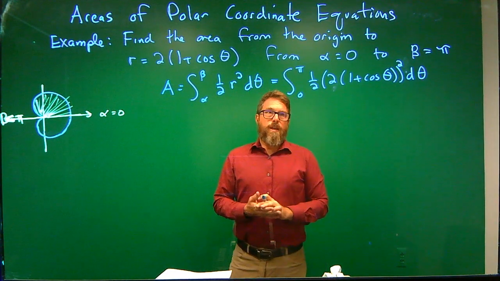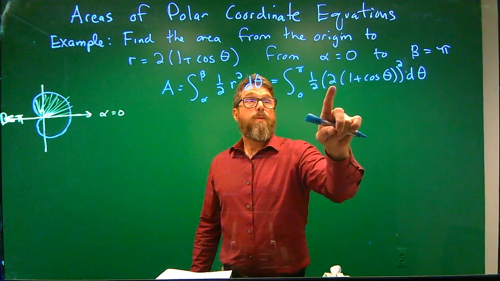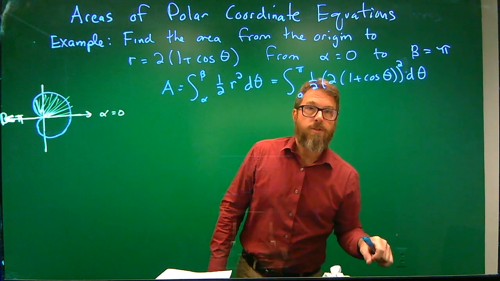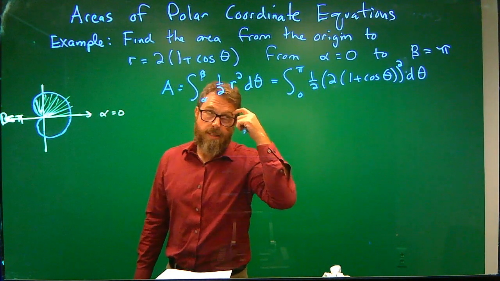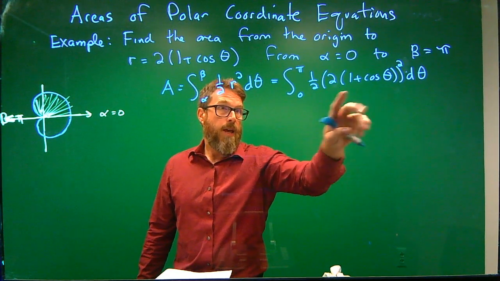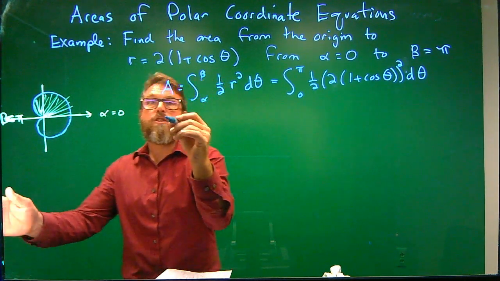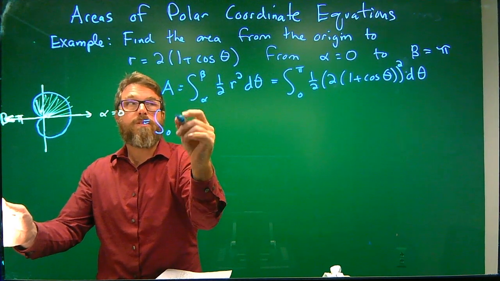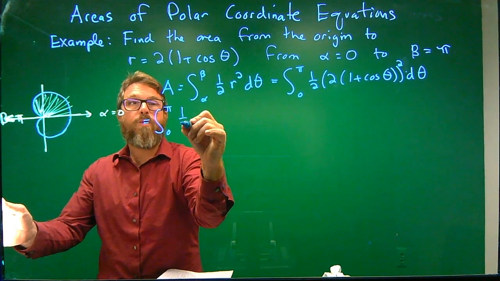Just like with any integration, we tend to simplify the expression first and then integrate second. So we have to square first, and then multiply by this half.